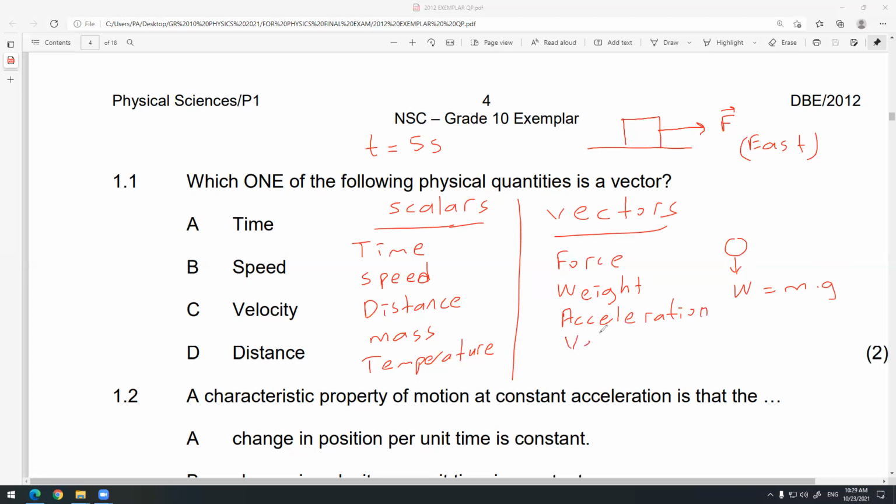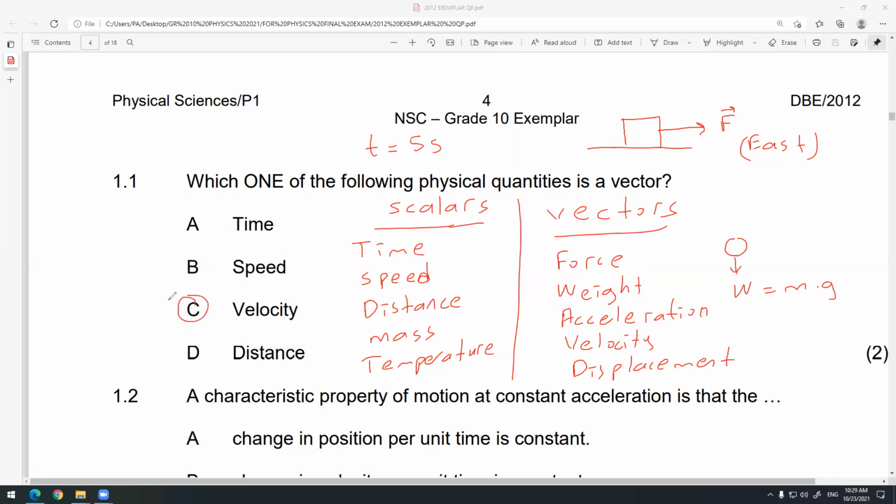And then velocity, and what is left, displacement. If you know this list, it is easy to answer these kinds of questions: which one is vector, which one is scalar? So let's answer question 1.1. They're asking which one is vector. The answer is velocity.